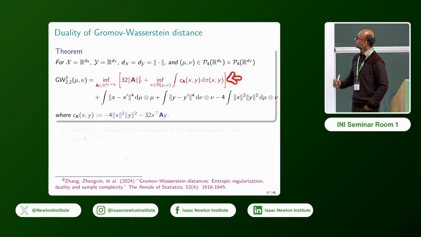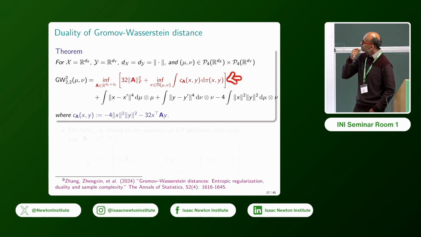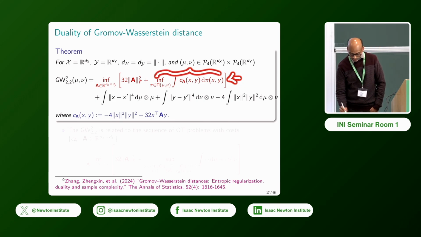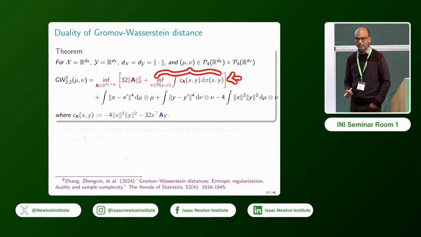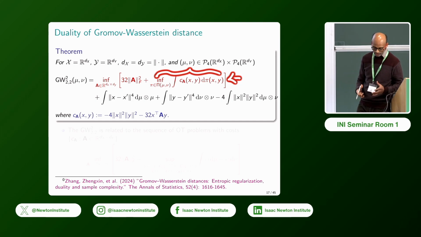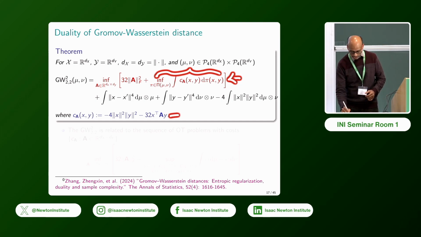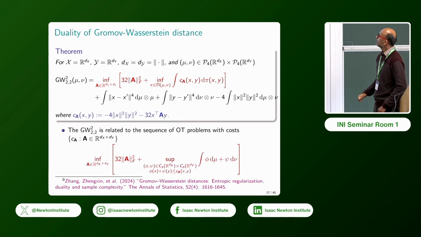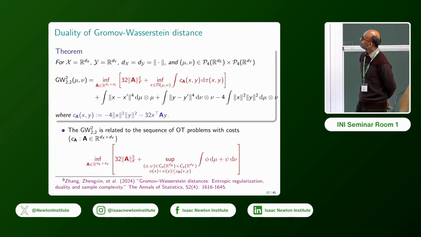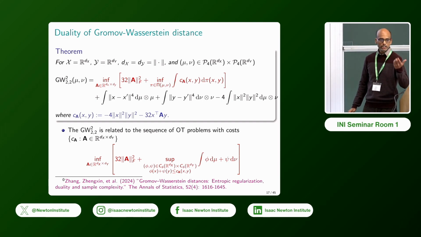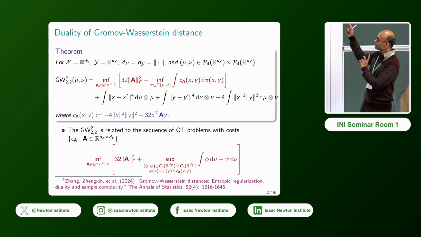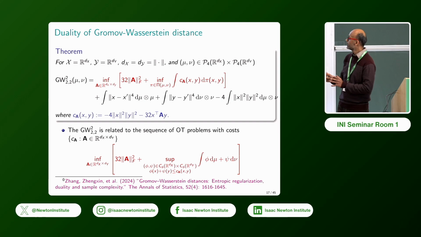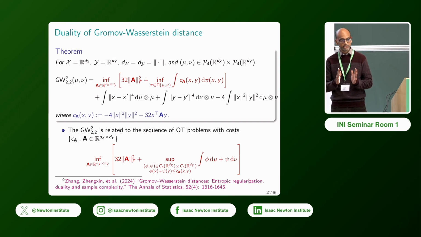Okay, so let's get to the red term. The red term is telling us that this object is precisely an optimal transport problem with a specific cost, and that specific cost is this. So you basically write your GW problem as 2 minimization problems, one over the transport plan and another over some matrix A that is appearing.